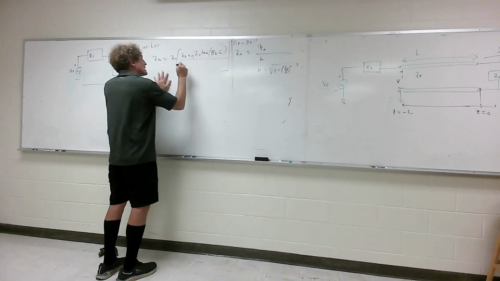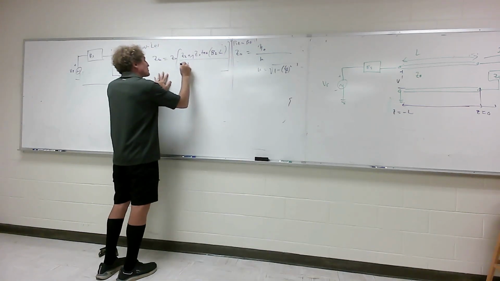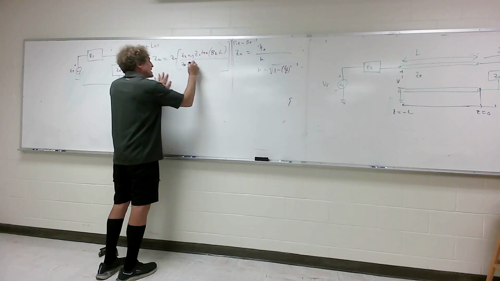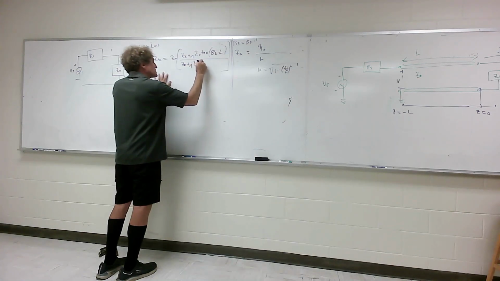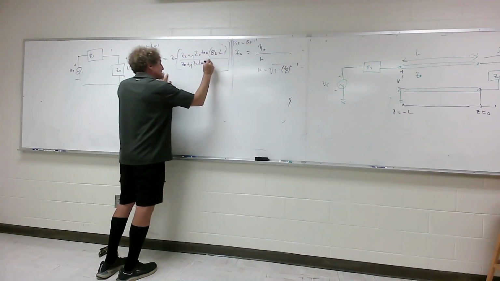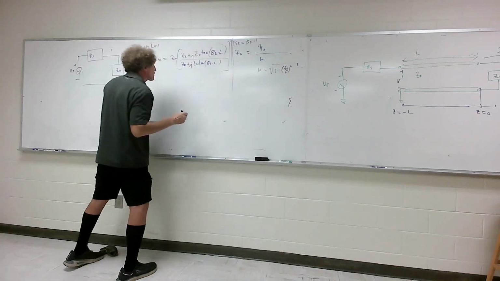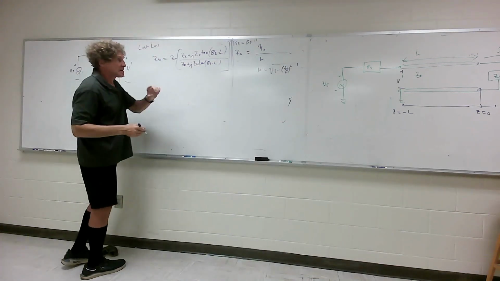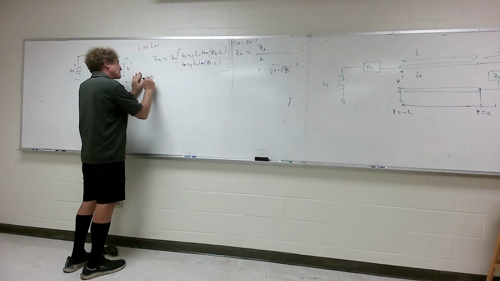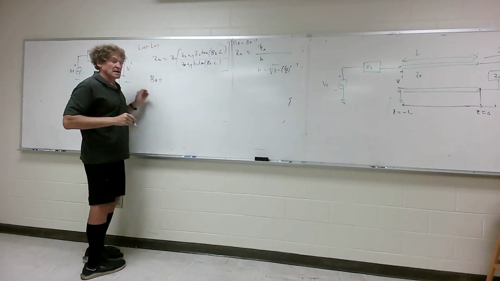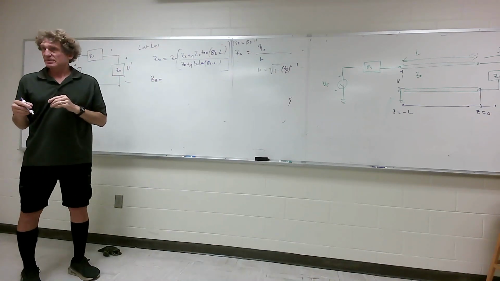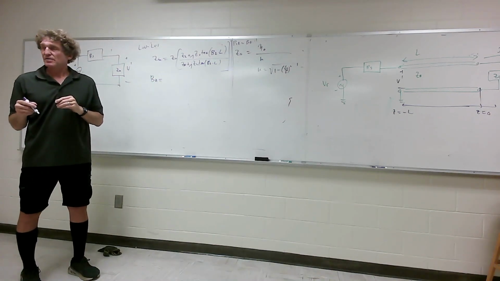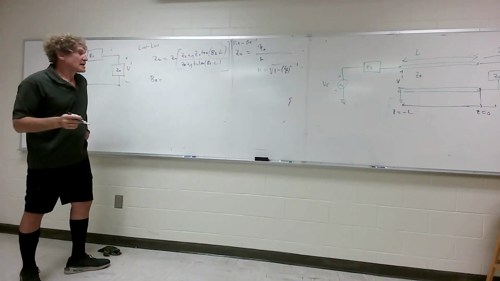Then it's divided by Z naught plus j ZL times the tangent of beta Z times L. Before I go any further, I defined Z naught. Now I'm going to define beta Z. How many know what beta Z is? We just did this. Good.